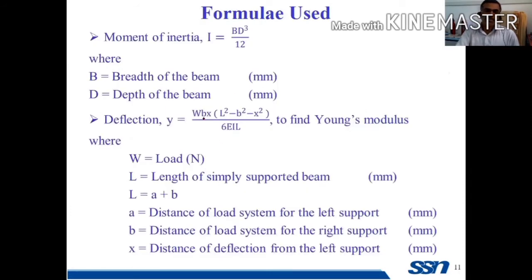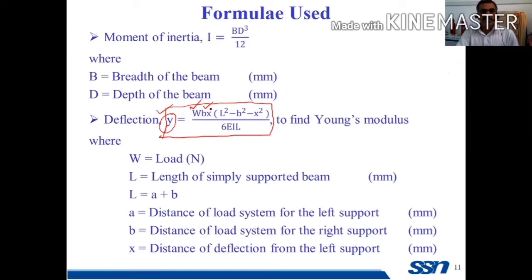This is the equation to find the Young's modulus. Y is the deflection that we get from the dial gauge. W is the load, which you substitute in Newton. B, you substitute the distance in millimeters.